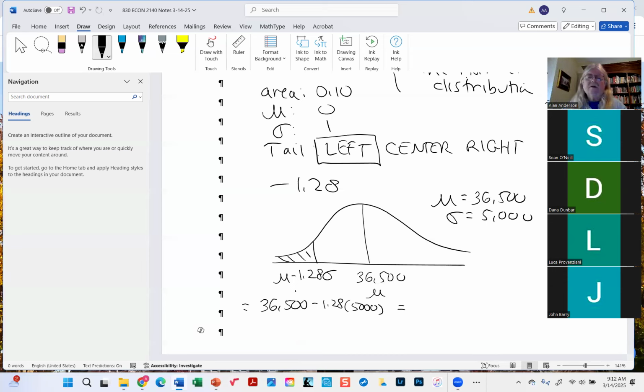And that'll give us what we're looking for. Okay, so it's 36,500 minus the product of 1.28 and 5,000. 30,100.